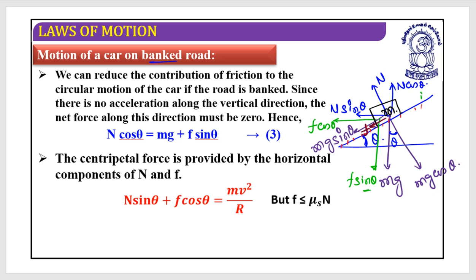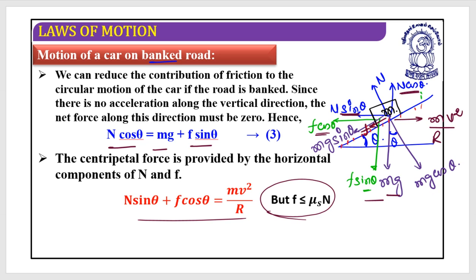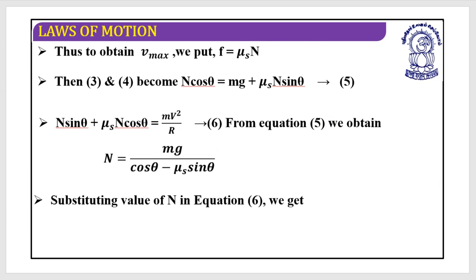So let's write down the relation that N cos theta is equal to mg plus F sin theta, and N sin theta plus F cos theta should be equal to, on this side, mv squared by r. But we understood that F should be less than or equal to mu s into N. So if the frictional force F is less than or equal to mu s into N, we need to find out the Vmax.